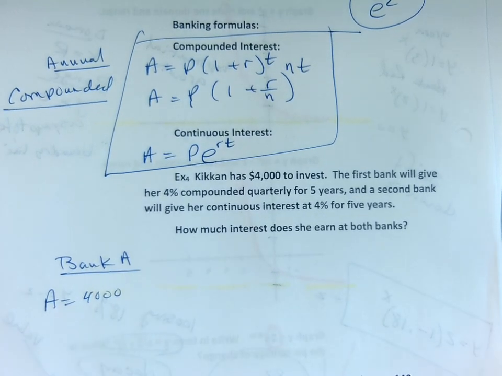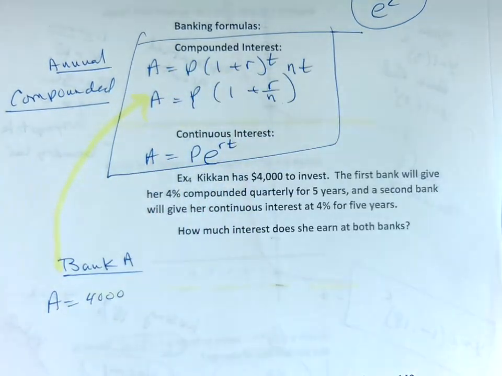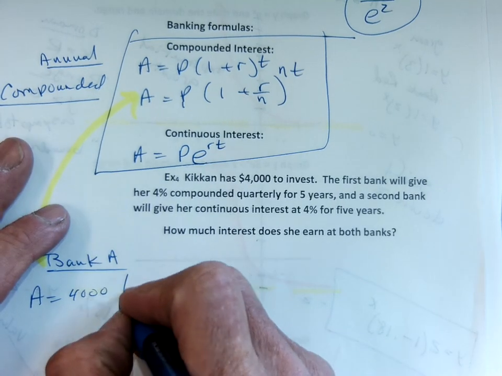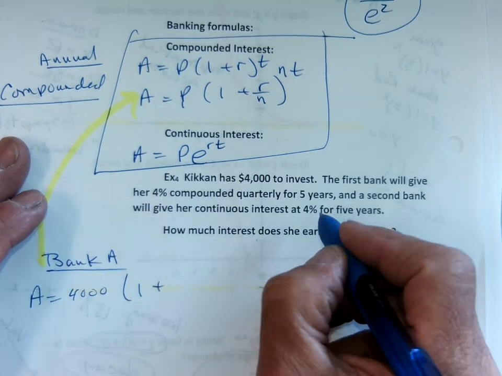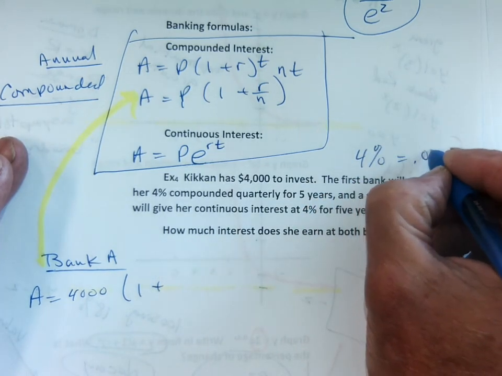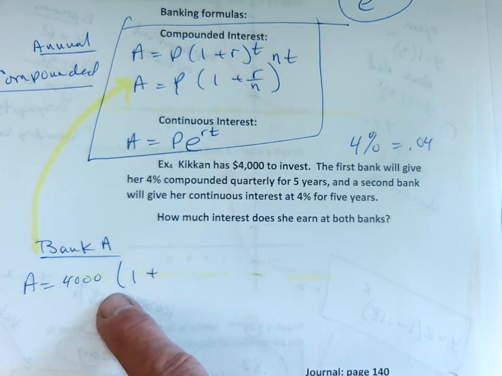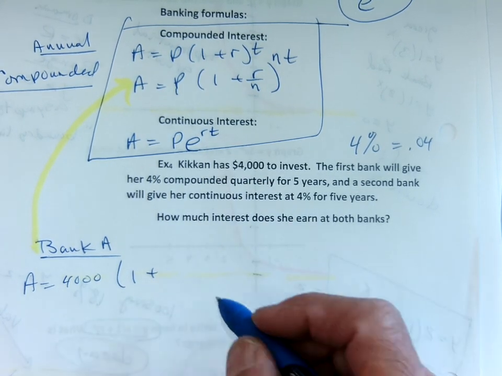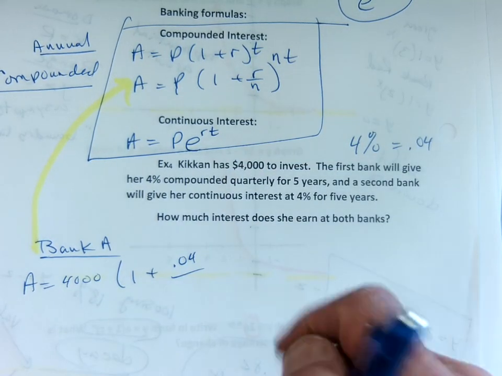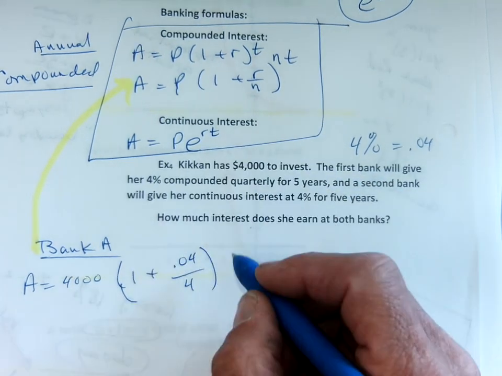And she's going to get it quarterly for 5 years, so she's going to use this one here because she's going to get it compounded quarterly, okay? So she's going to use this formula, 1 plus 4%, and 4% is the same thing as 0.04, but you agree with that? So Keegan's going to put her money in, 4,000 times 1 plus 0.04 over 4, since we're compounded quarterly, to the 4 times 5.